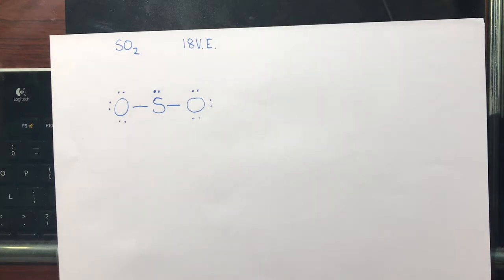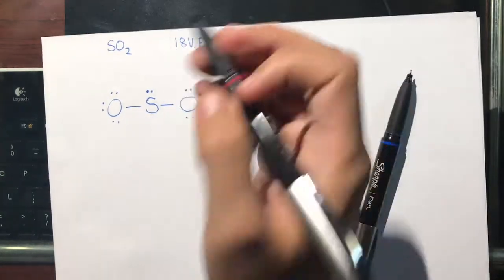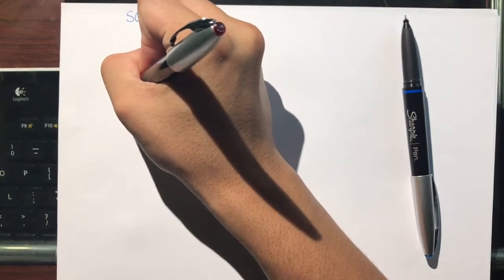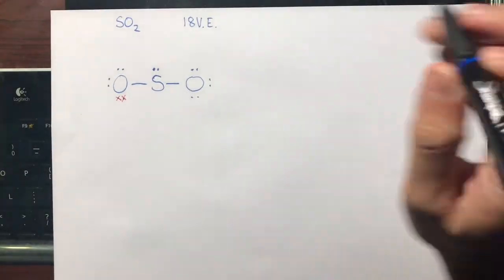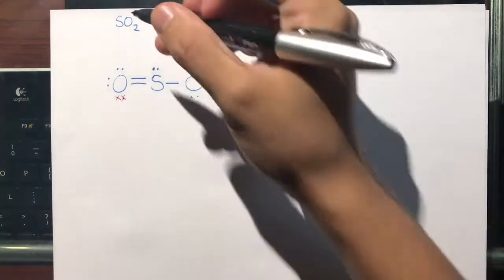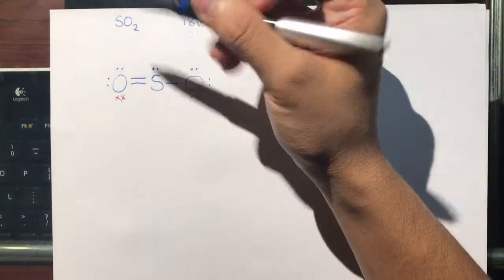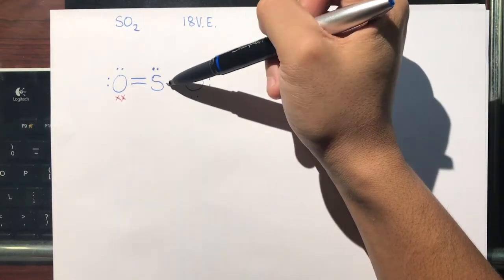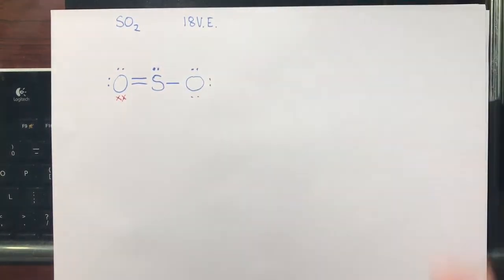And so the strategy now is to start to use double and triple bonds to fulfill the octet. And what we're going to do is take 2 electrons from this oxygen to do a double bond here. And that way, this oxygen has 8, the sulfur has 1, 2, 3, 4, 5, 6, 7, 8, and this oxygen also has 8.